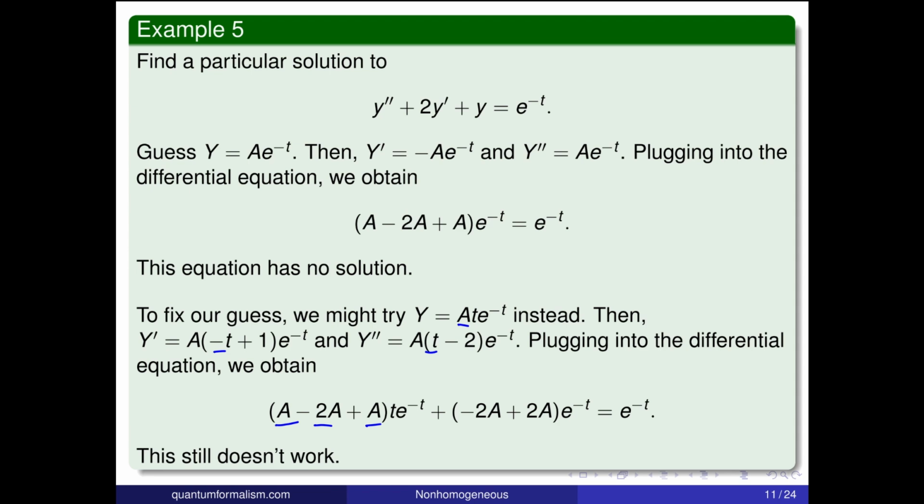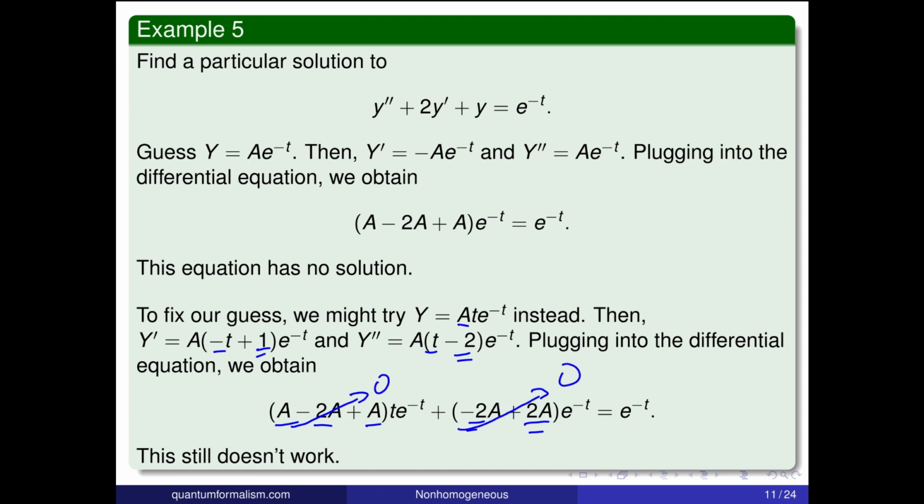So those are the t e to the minus t terms. And then for constants times e to the minus t, we'll have minus 2a coming from the second derivative, and positive 2a from 2 times the first derivative. And once again, both of these are 0.